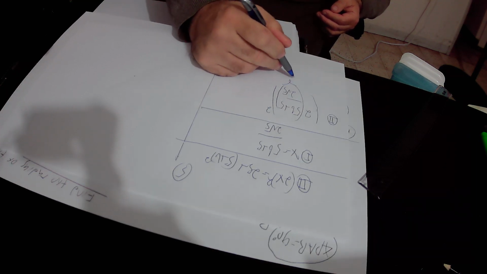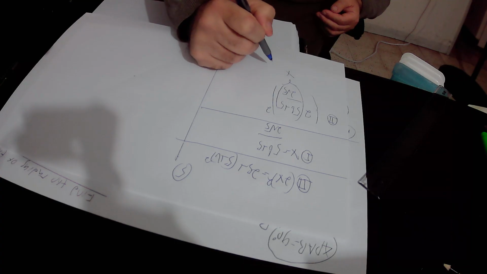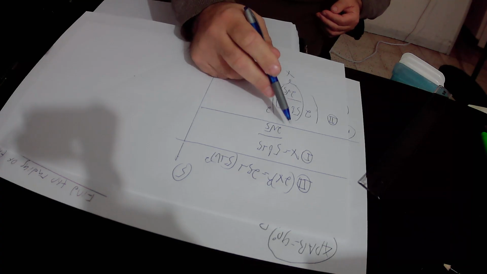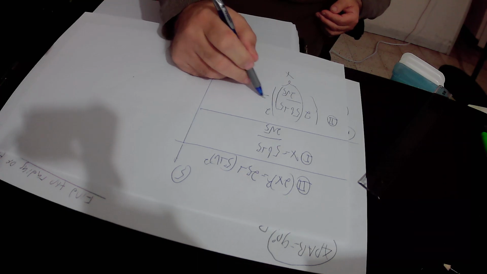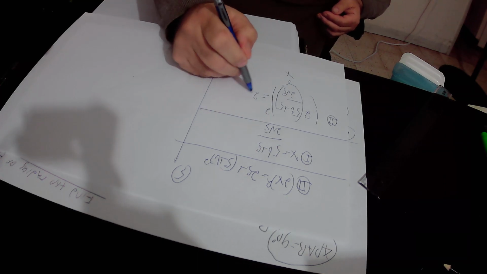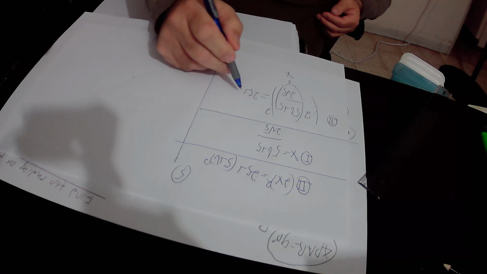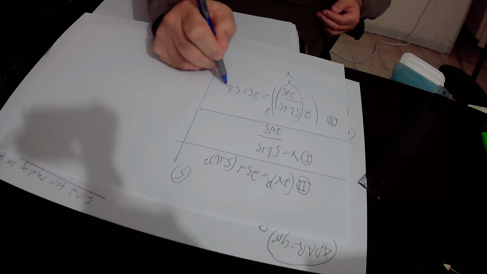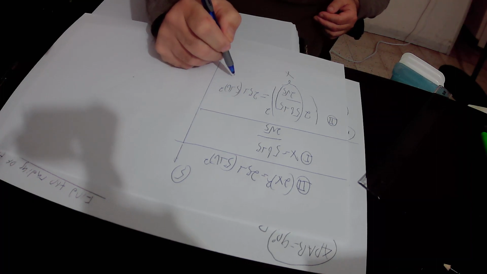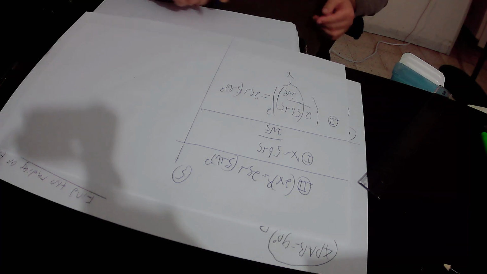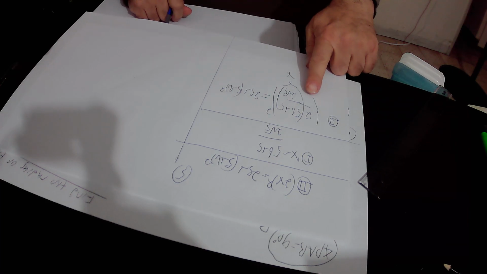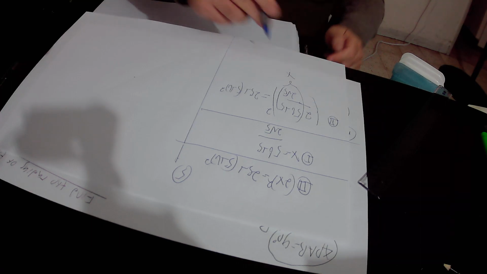This expression equals x, and in equation number 2 we have (2x) squared equals 25 plus (5 plus b) squared. So on this side we have 2 in the numerator and 2 in the denominator, so 2 will get cancelled.